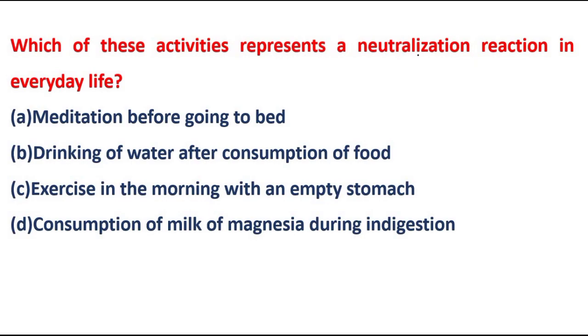Which of these activities represents a neutralization reaction in everyday life? It is a very funny question, right? See, neutralization reaction in everyday life: consuming milk of magnesia during indigestion reduces the effect of hydrochloric acid in the stomach, so that we can get relief from the hydrochloric acid, because milk of magnesia is basic in nature and the indigestion is caused by the hydrochloric acid.